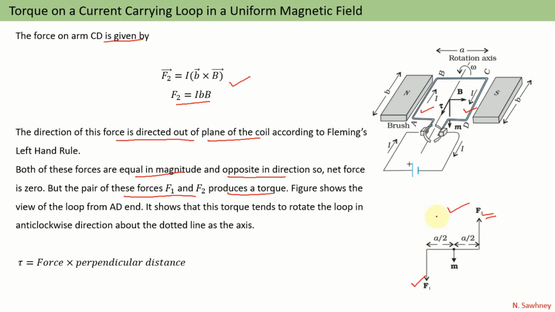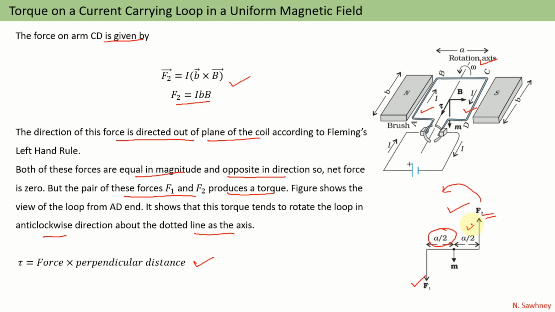That is, the torque will tend to rotate the loop in anti-clockwise direction like this about the dotted line of axis, and we are aware of the torque formula. It is force into perpendicular distance. So the force is F1 and the perpendicular distance is A by 2. Similarly, for the second force F2, the perpendicular distance is A by 2.